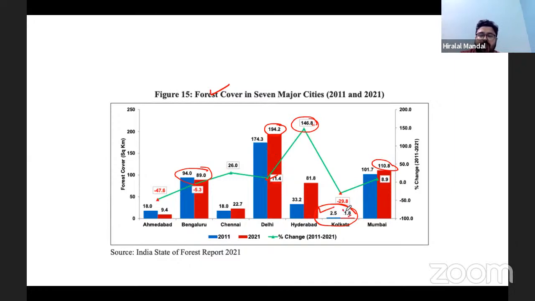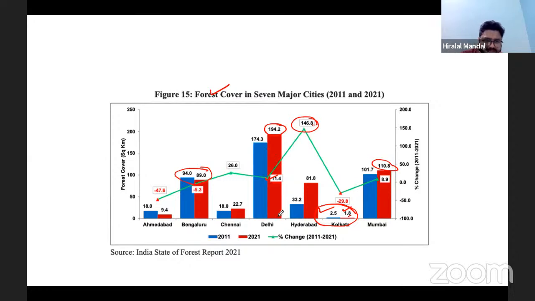Now it has gone down to 1.8 square kilometers. That is problematic. All right. Of course, there is a huge forest area near Kolkata, the Sundarbans, but that has not been included here. So it is basically about the city part.